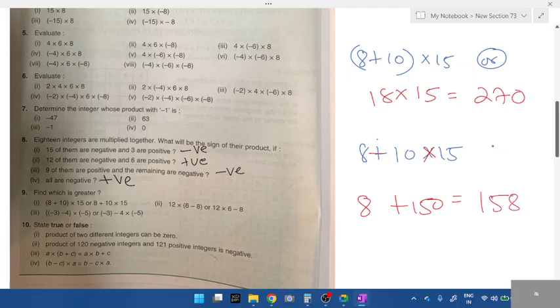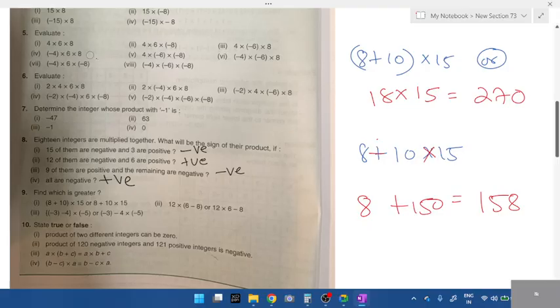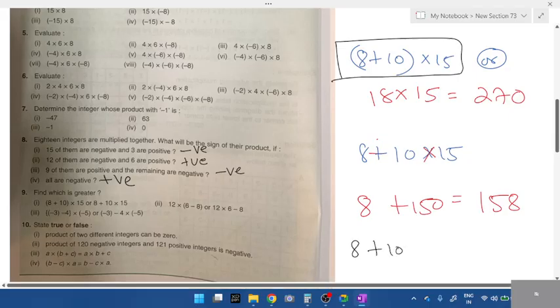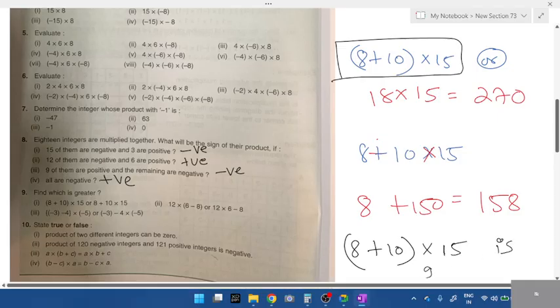Which is greater? If 270 is greater, you shouldn't write 270 there. According to the question, which is greater? 8 plus 10 into 15 is greater. That's what you have to write, Alicia. Try the second one.